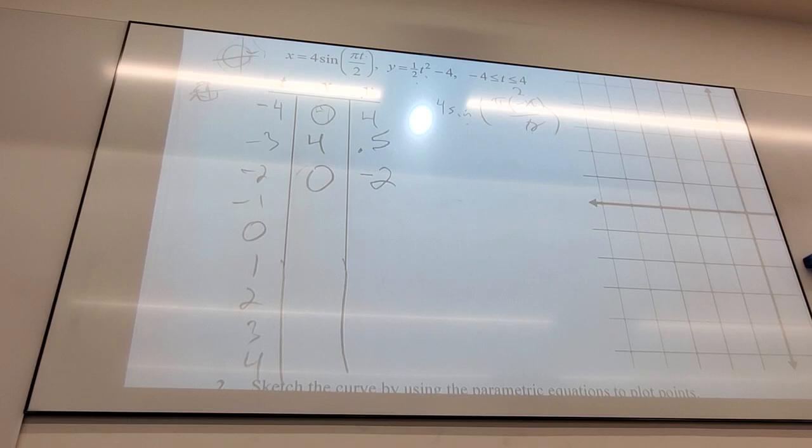Oh my god. Yeah. So if we're on the x-axis, don't worry, I did the same thing earlier. If we're on the x-axis, the sine doesn't like it there because it's all x.